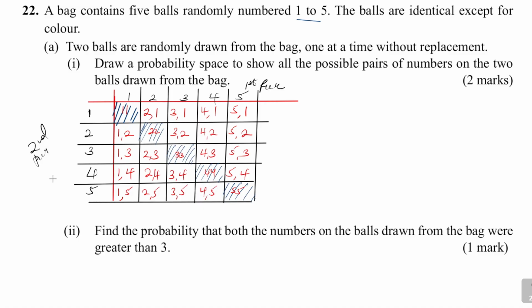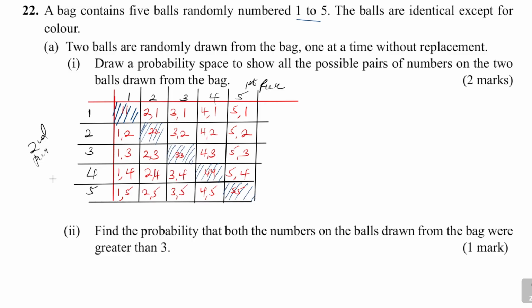So all those are the possible outcomes that you can get, and that is what we refer to as the probability space that shows all the possible pairs of numbers on the 2 balls drawn.